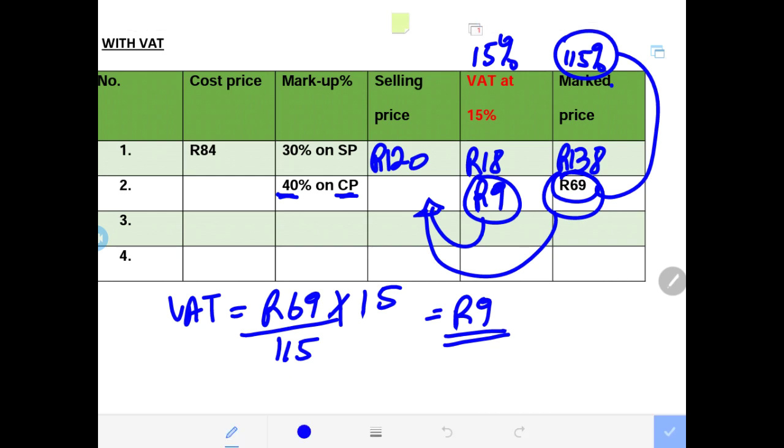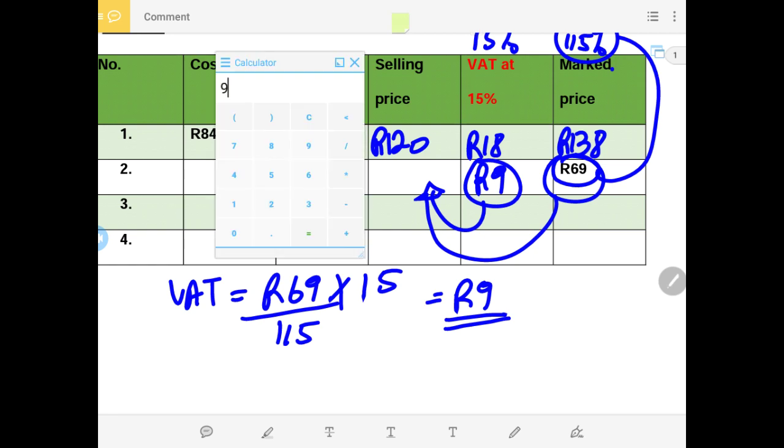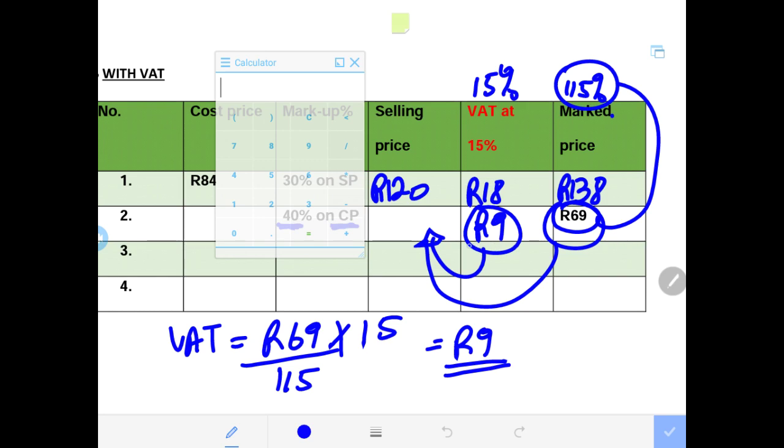We know that in this column, if the markup percentage is on cost price, then in fact that one does not matter. Our selling price is 100% in this case. Our selling price is 100% when you move backwards. So now let us do the calculation in there. Let us first use the 9 Rand. It's not wise to use the amount that you calculated.